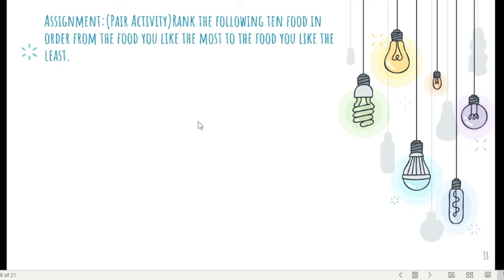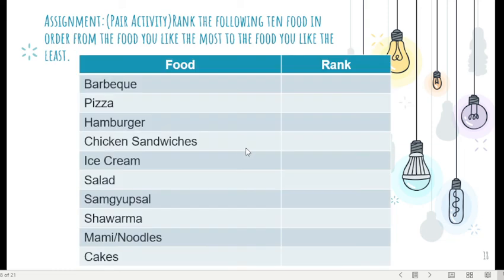The food that you like the most will be rank 1, and the food that you like the least will be in the last position. So you rank your most favorite food as 1 and your least favorite as 10. You rank your own.